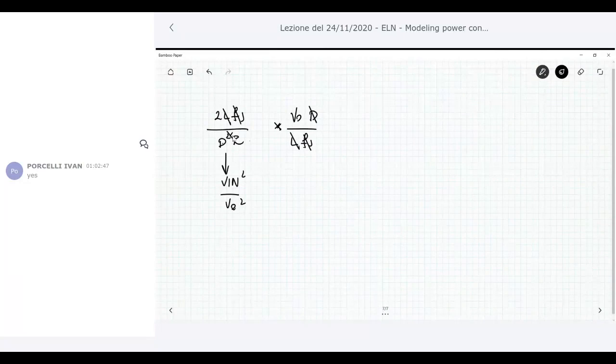And I have something which is 2 V naught over D.